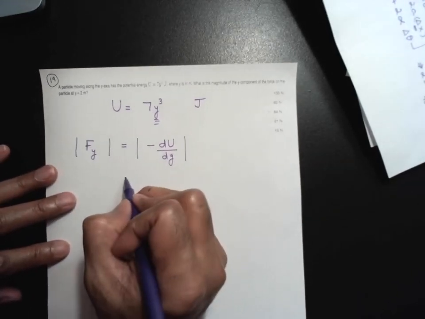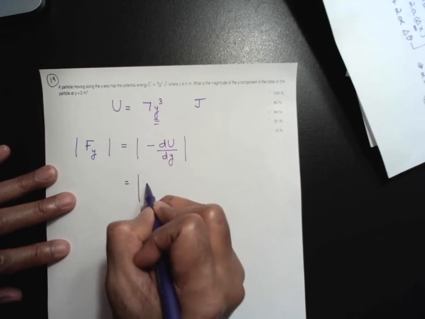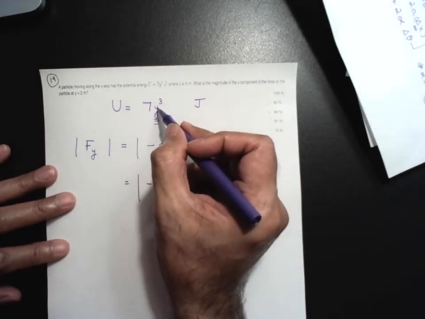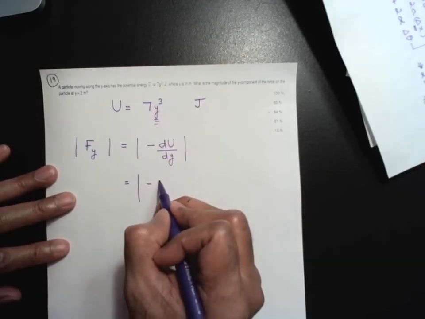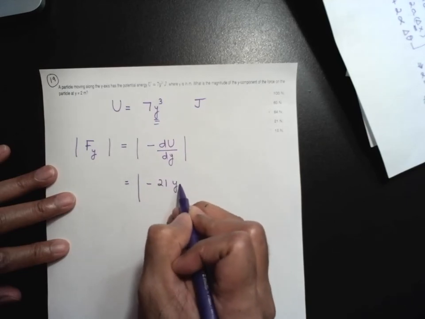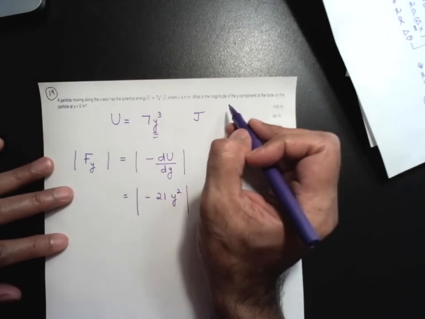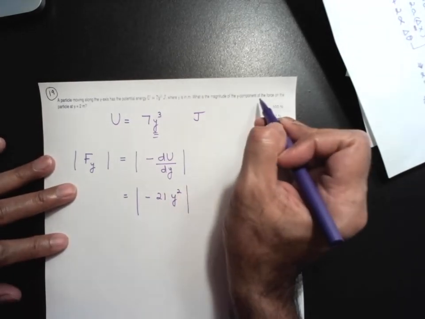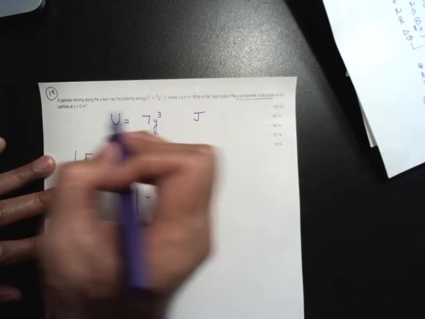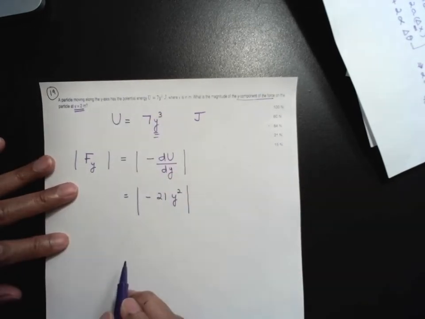This is equal to negative, and what's the gradient of 7y cubed? It's just 21y squared. They're asking for the magnitude of the y component of the force at y equals 2 meters.